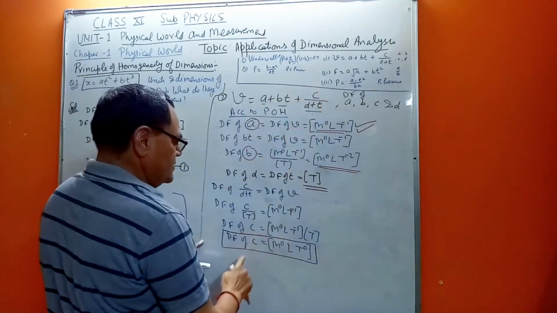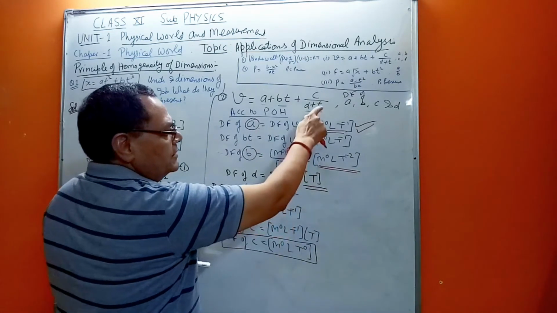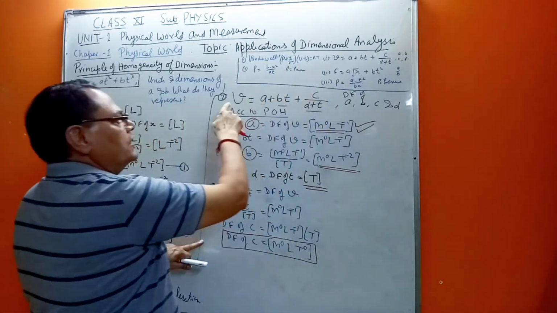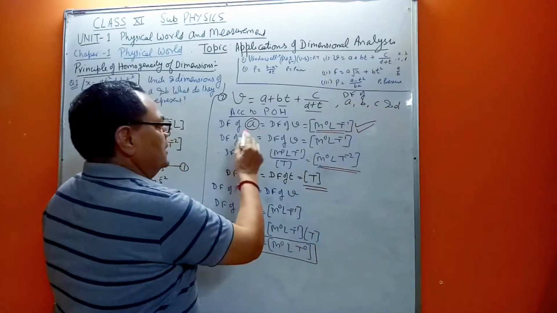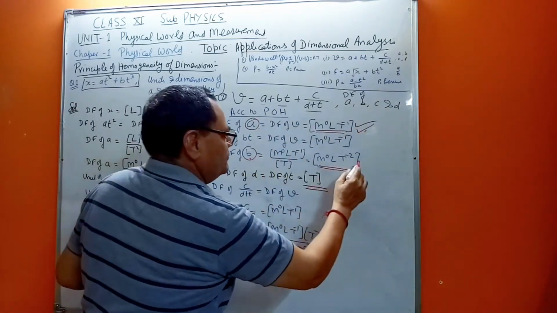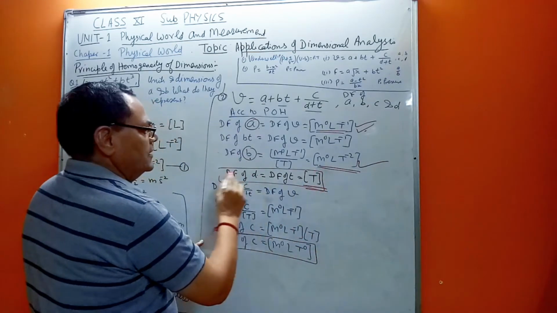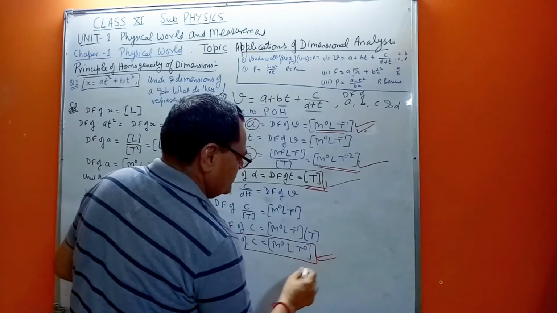And here c is now L only, but in the denominator it is T, so L T^-1, and overall the dimension becomes that of velocity. Clear? So this is the answer for a, this is the dimension of b, that of d is capital T, and of the constant c is this.